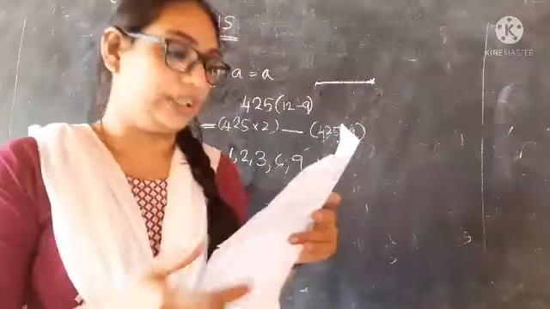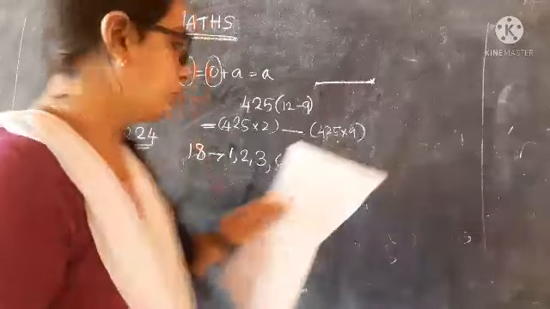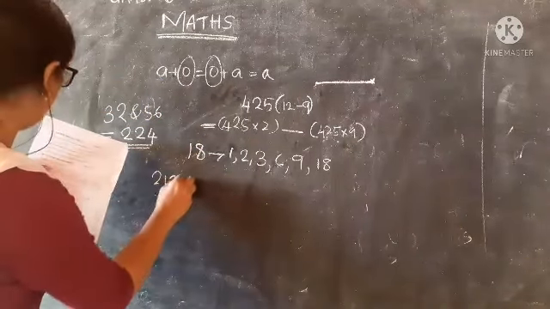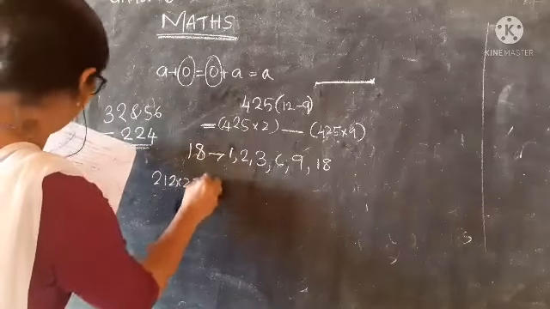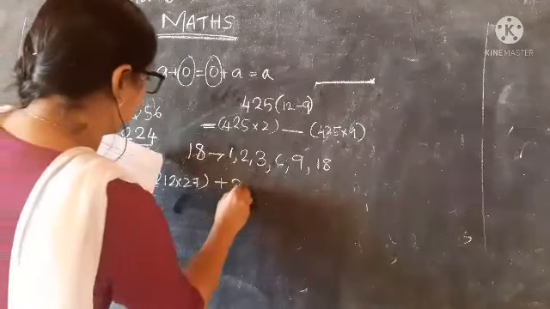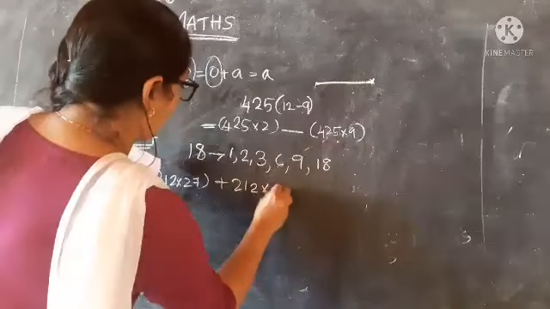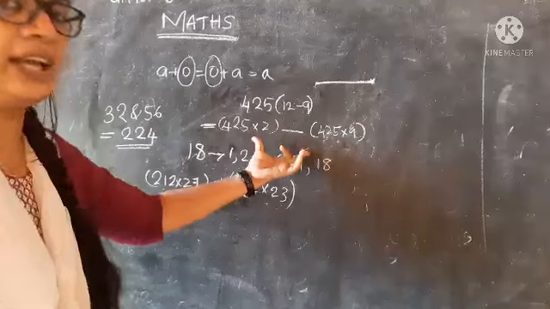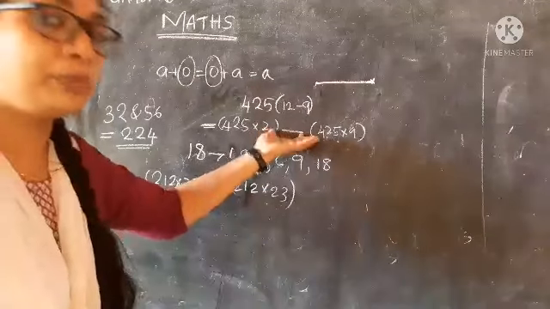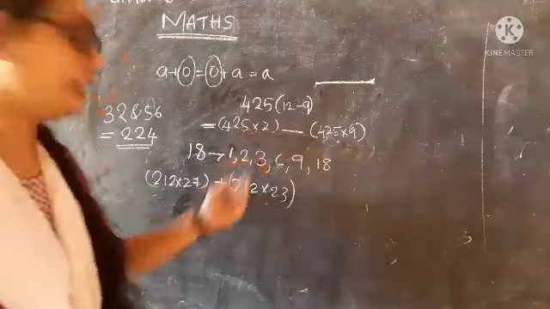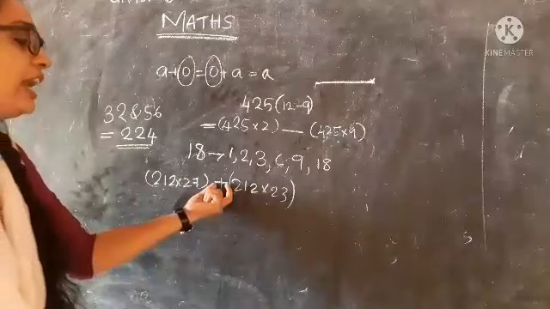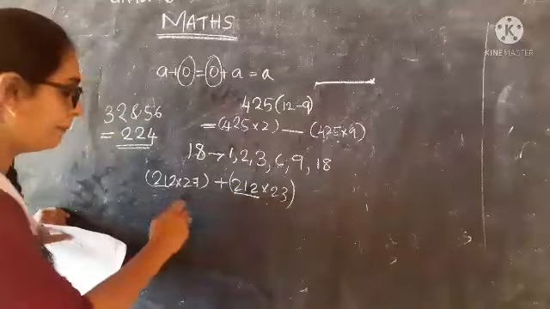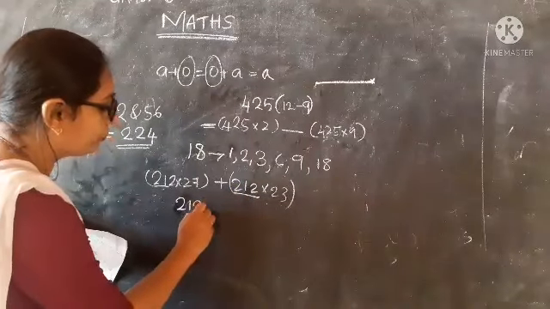Now, next question is compute 212 into 27 plus 212 into 23. This is the same property stated here, the distributive law of multiplication over addition. Here we have over addition, so we can choose the common number 212.